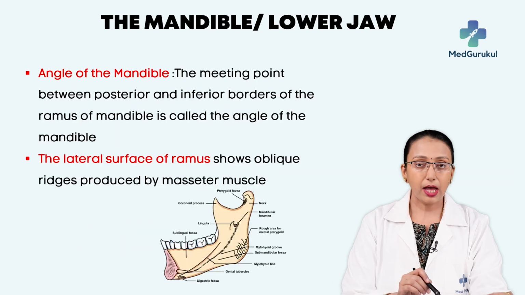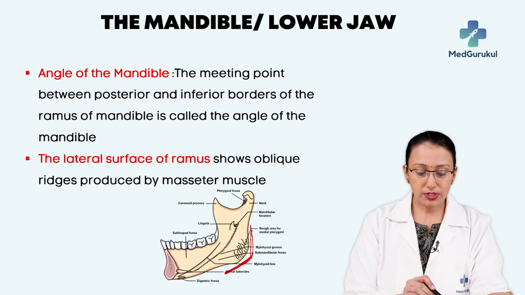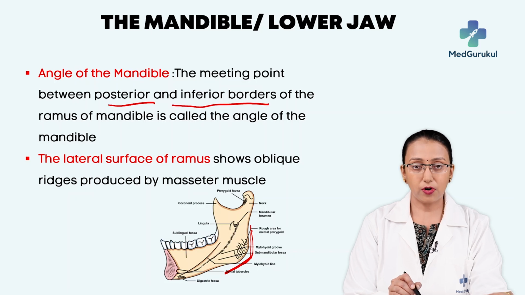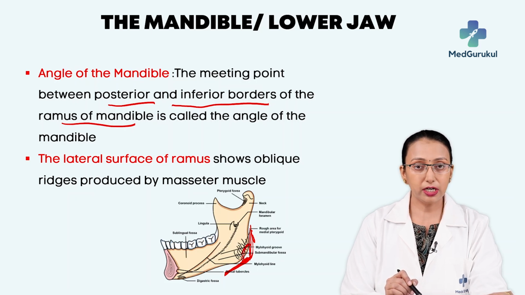Then the angle of the mandible. It is formed between the posterior and inferior borders of the ramus of the mandible. This is the posterior border and this is the inferior border, and they form the angle of the mandible. The lateral surface of the ramus shows oblique ridges for the masseter muscle attachment.